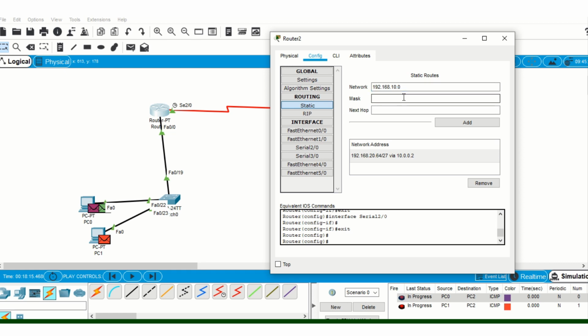Subnet mask is 255.255.255.224 and next hop address is 10.0.0.2. It's the same. Next hop address is the same, subnet mask is the same. The only difference is I used 20 here, but in my configuration I used 10. So I will add this 10 network and will remove the 20 network.